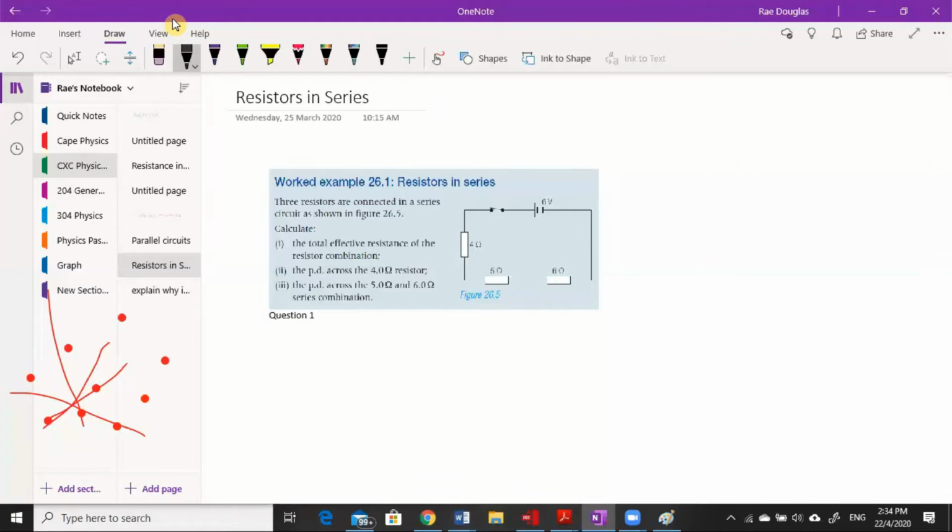That is one of the primary devices that we use to decrease or increase the flow of charge in a circuit. So in our setup here, we're going to use resistors. Now, when we talk about things in series, it means that they are connected in a sequential manner, one after the other.